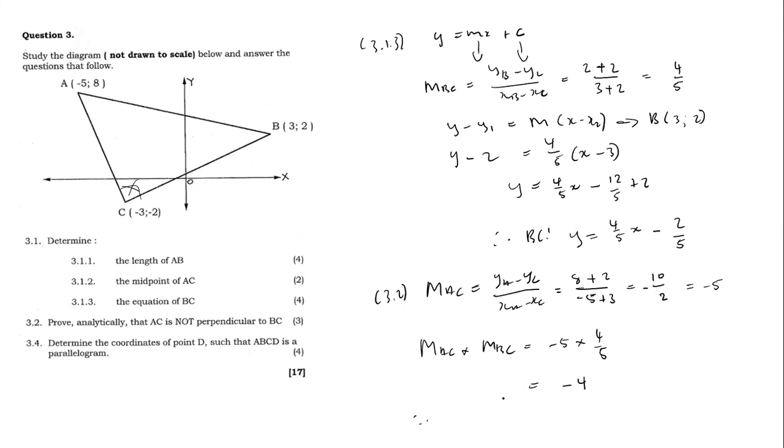Therefore AC is not perpendicular to BC, since the gradient of AC multiplied by the gradient of BC is not equal to -1. That's what is happening over here.